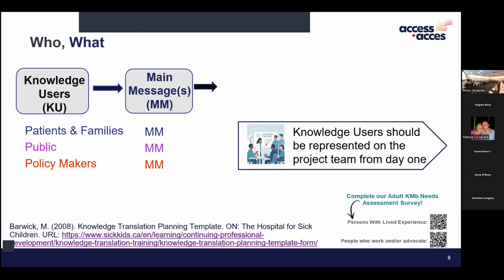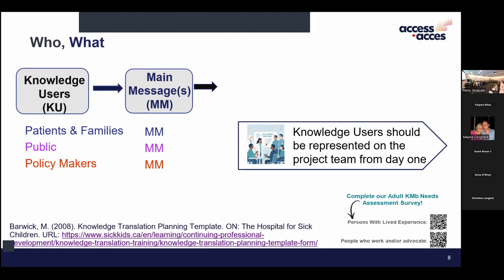So for this portion of the session, please think of a project in which you are involved. For the thought exercise here, start with the knowledge users. Who is it that actually needs the information that you have?